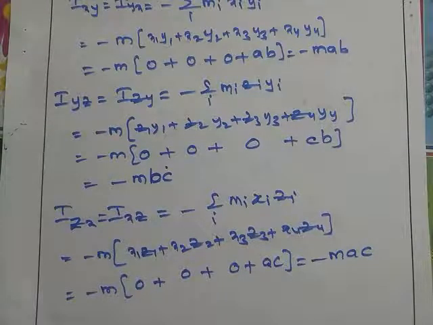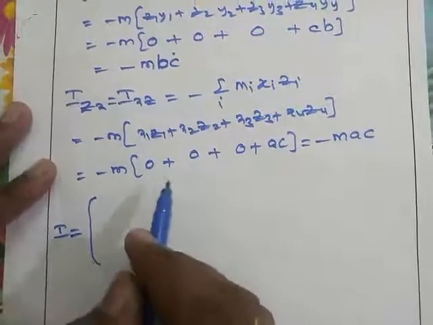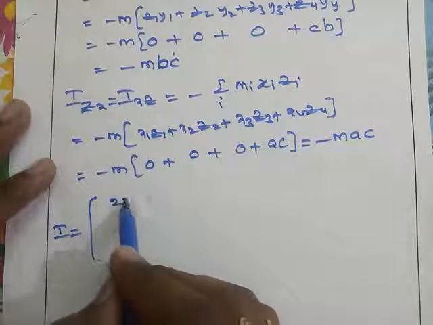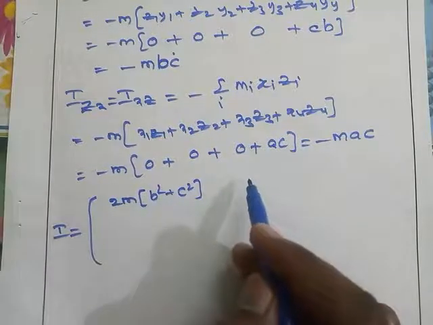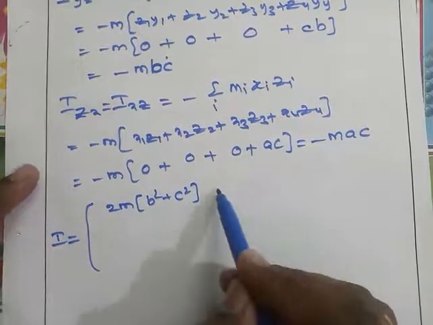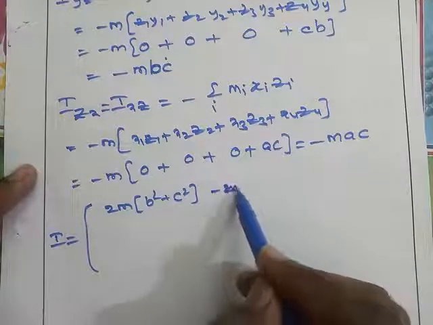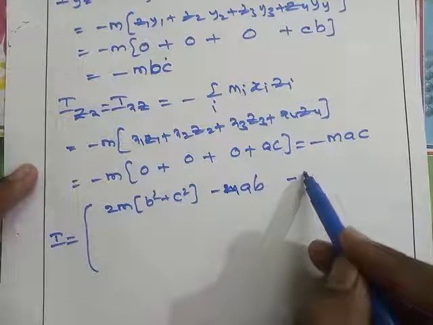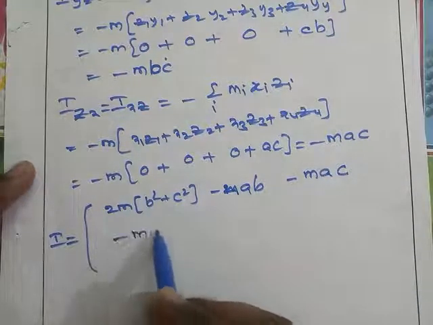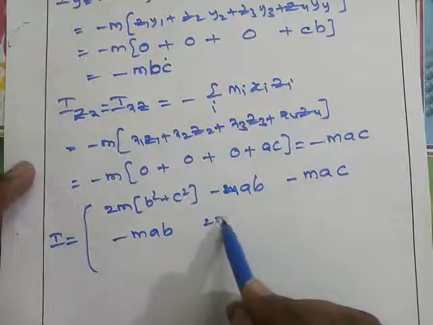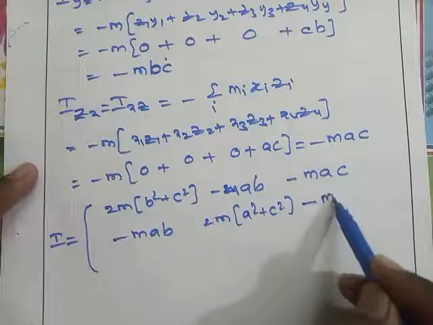Now we got all 9 components. Substitute them in the inertia tensor matrix. So I is equal to: Ixx is 2m into b square plus c square; Ixy is minus m ab; Ixz is minus m ac. Then Iyx is minus m ab, Iyy is 2m into a square plus c square, Iyz is minus m bc.